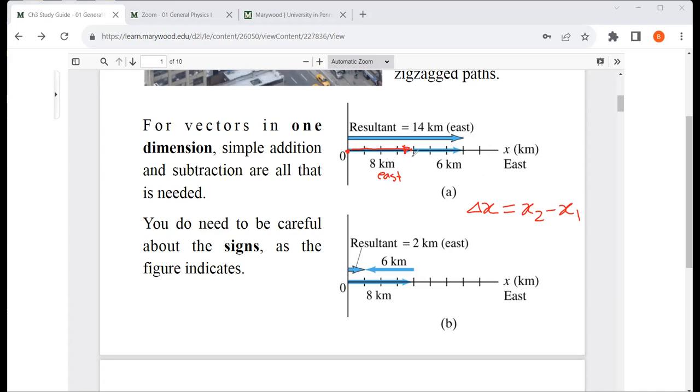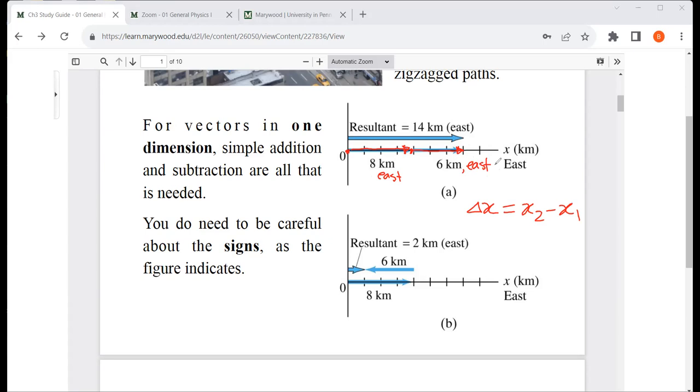Okay, and then I restart from this position. So now this is my initial position, and then I stop here after I walk 6 kilometers. Okay, so this is my initial, this is my final in this case. So the displacement for the second time is again 6 kilometers east.